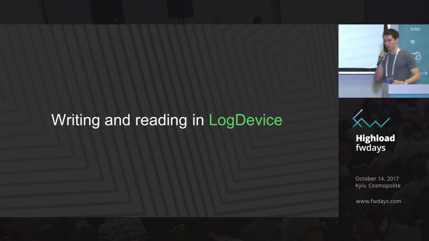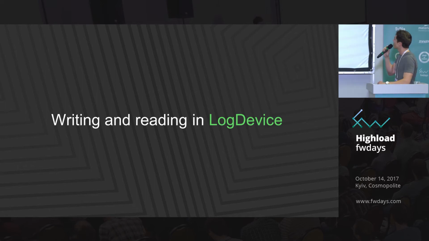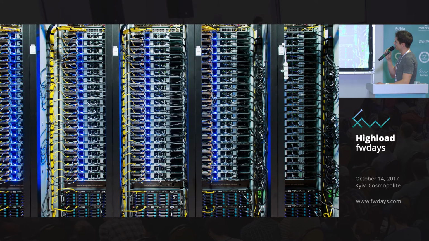Okay, let's take a look at an example of writing and reading in LogDevice. This is going to be interesting. First of all, this is how individual racks look with the servers in them. Racks like this can serve a LogDevice cluster.